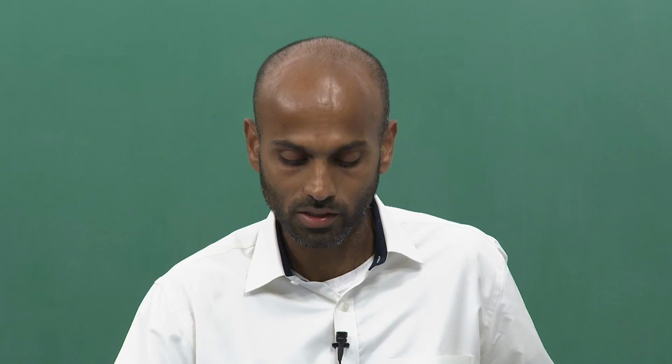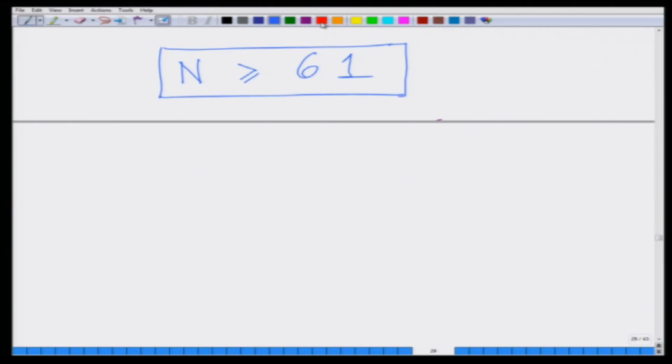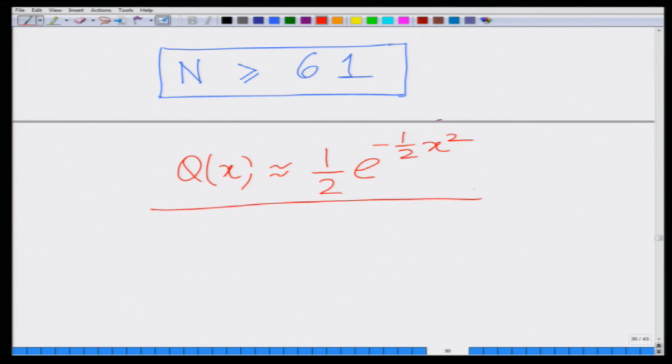And now this expression for the Q function can be simplified a little bit further, because there is no closed form expression for the Q function. One can approximate the Q function as follows. Q of x can be approximated, which we will employ frequently, as half e to the power of minus half x square.